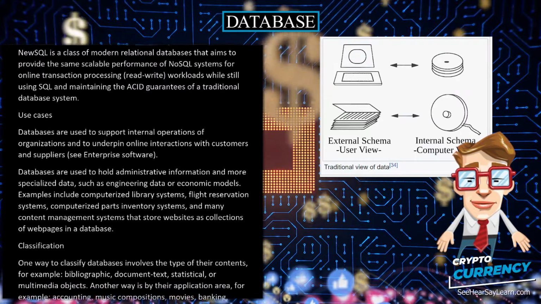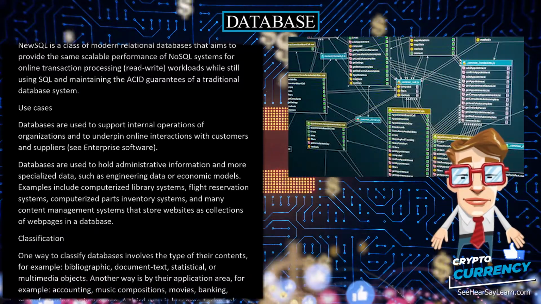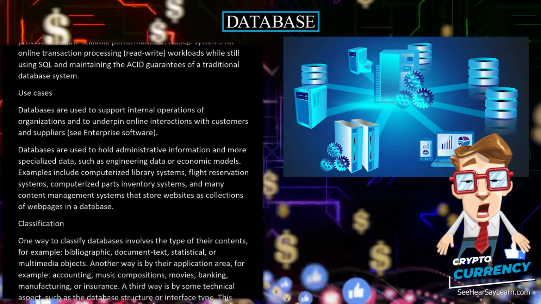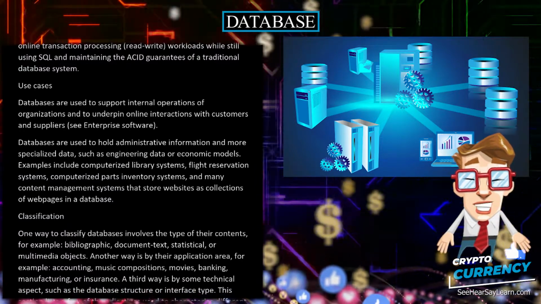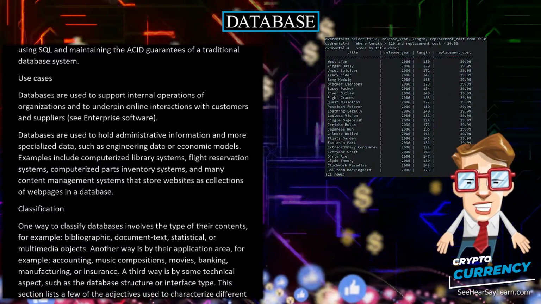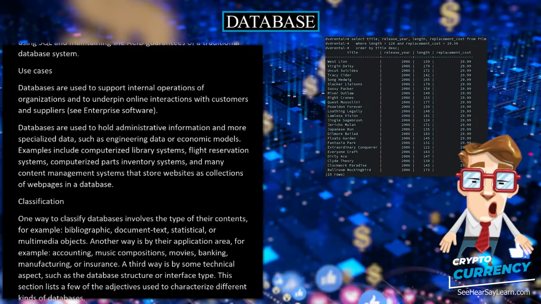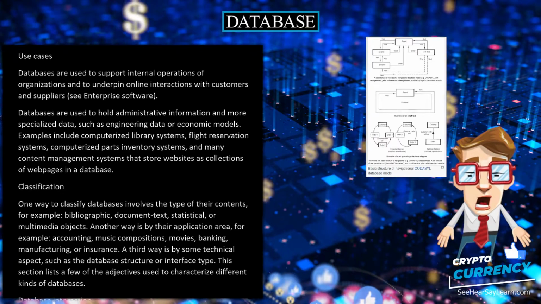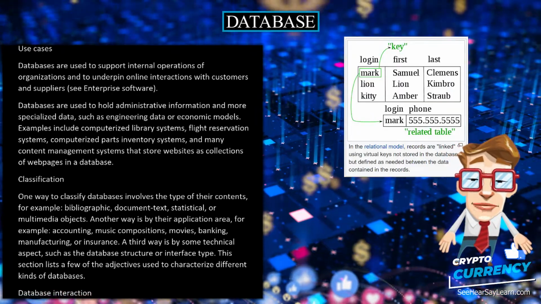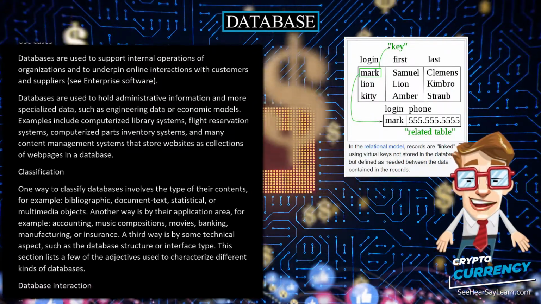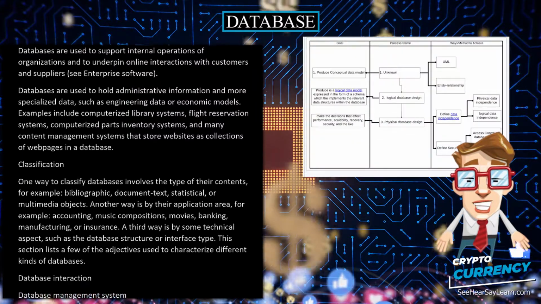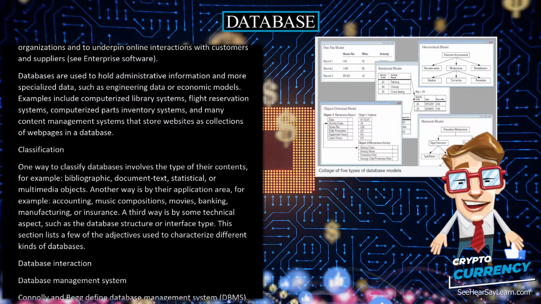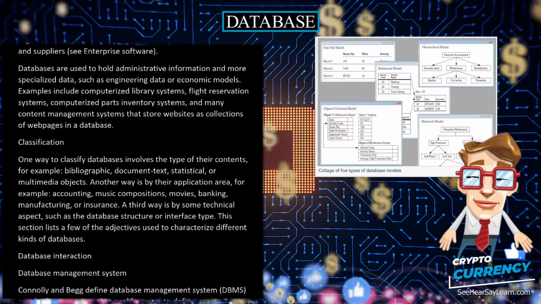Use cases. Databases are used to support internal operations of organizations and to underpin online interactions with customers and suppliers, see enterprise software. Databases are used to hold administrative information and more specialized data, such as engineering data or economic models. Examples include computerized library systems, flight reservation systems, computerized parts inventory systems, and many content management systems that store websites as collections of web pages in a database.